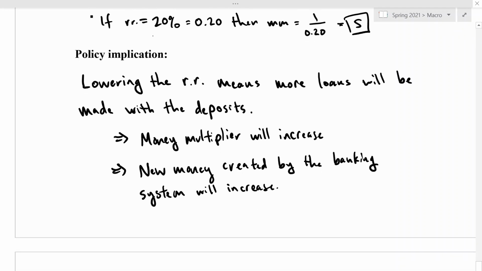Okay, and that's the general idea. I guess if we just follow that up, that means the money supply will go up.